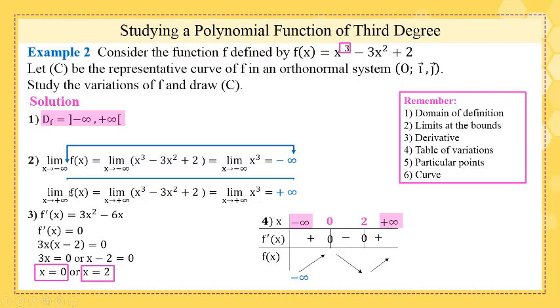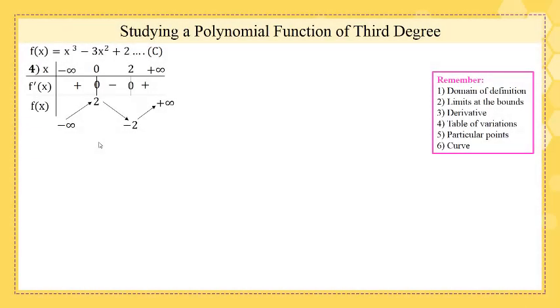The limit of f of x as x tends to plus infinity is plus infinity. F of 0 equals 2, f of 2 equals minus 2. As you see, here we have the maximum point of the curve C of coordinates 0, 2. And here we have the minimum point of C of coordinates 2, minus 2.